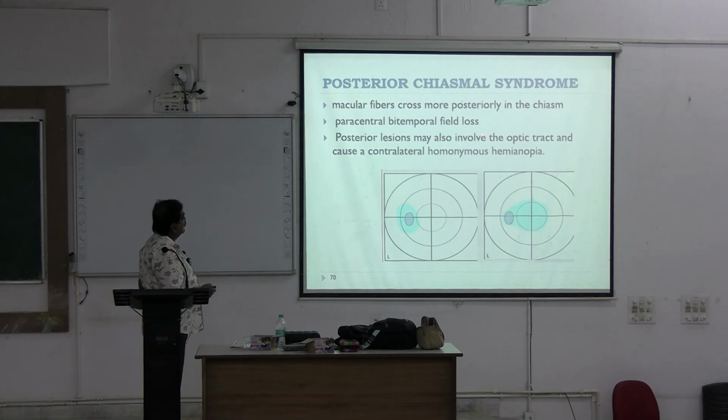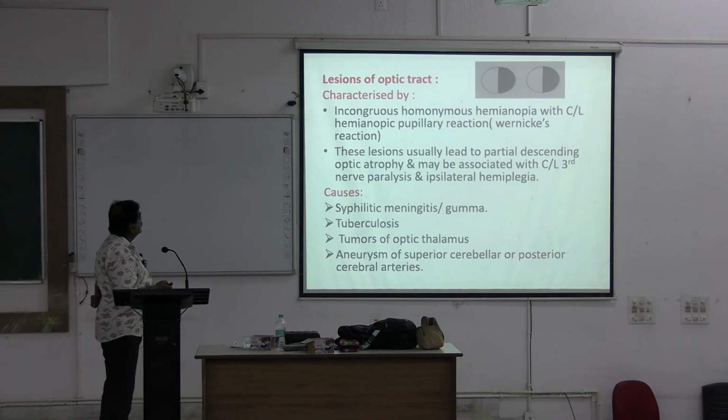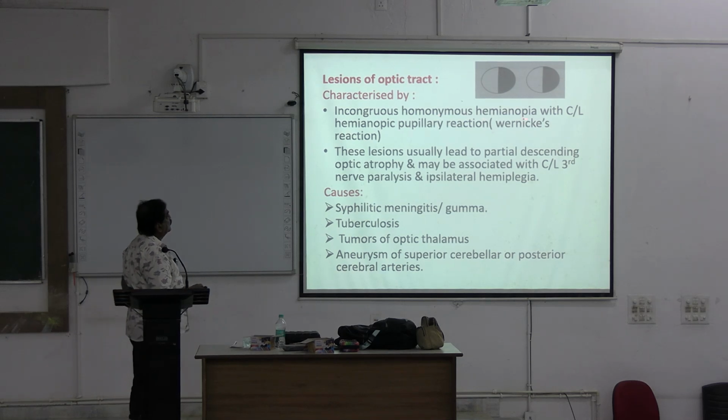Paracentral bitemporal field loss. Posterior lesion may also involve the optic tract, causing a contralateral homonymous hemianopia. Lesions of the optic tract are characterized by incongruous homonymous hemianopia with hemianopic pupillary reaction, Wernicke's reaction.